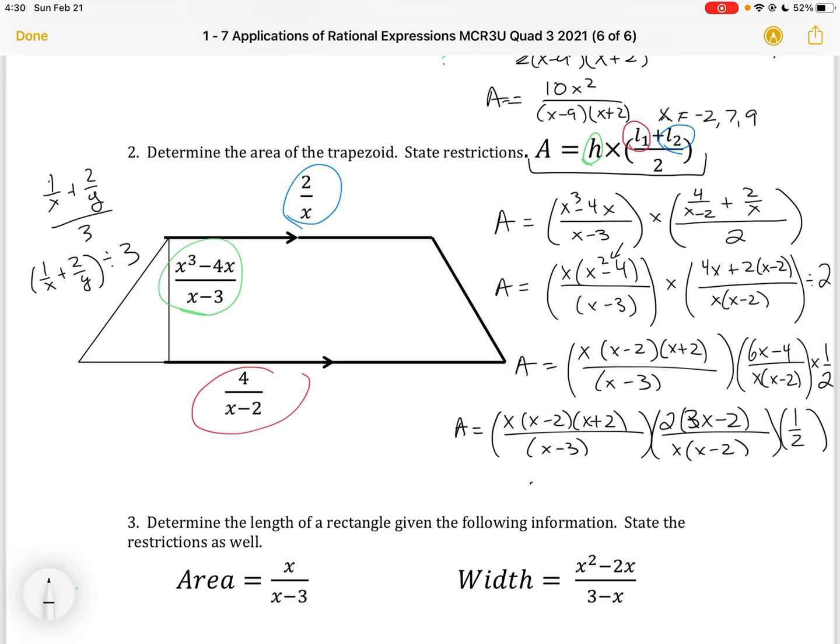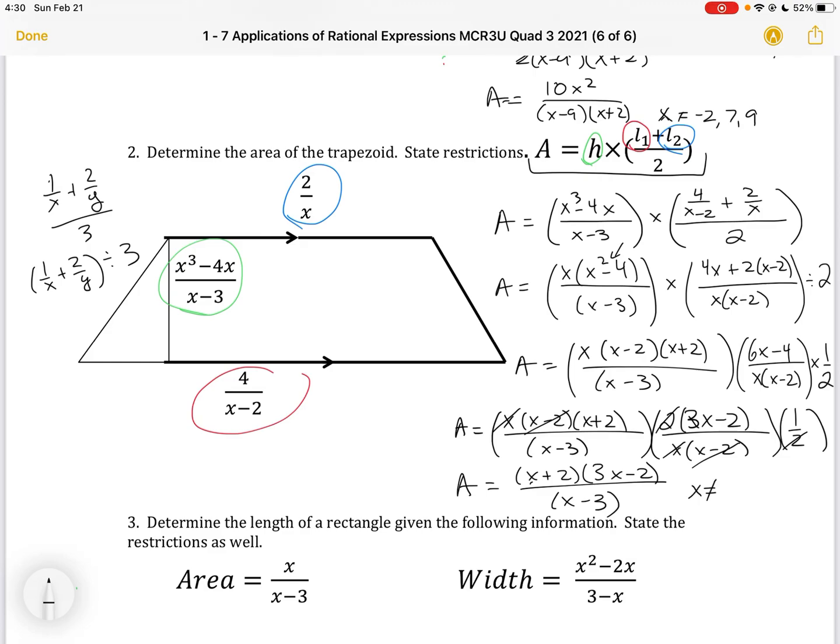So now I'm going to see what I can cancel out. I see that I have an x. I can cancel those. I see that I have an x minus 2, and I see that I have the number 2. So in my numerator, I'm left with x plus 2 and 3x minus 2. And in my denominator, I'm left with x minus 3.